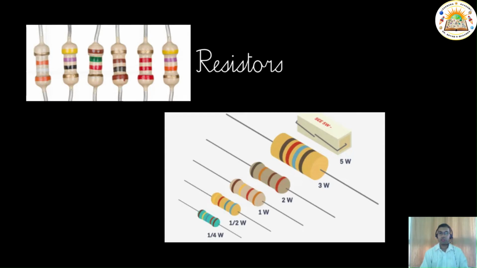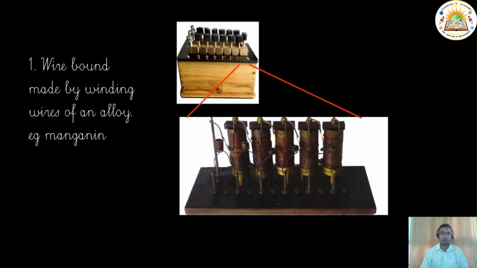In the commercially available resistors, we generally have two important types. The first one is a wire-bound resistor, and this is made by winding wires of an alloy, that is manganese. This is something all of you would have seen in your labs. This is a resistance box. Inside this resistance box, there are multiple windings connected to these pins.